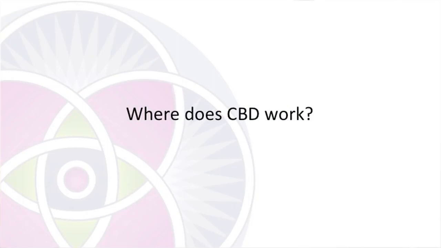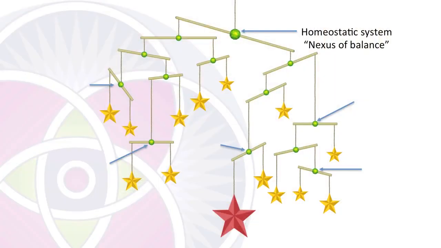So I've showed you this to highlight the differences between how pharmaceutical drugs work at the level of the stars and how CBD works. CBD, instead of working at the level of the stars, works at the level of the system of balance, at the nexus of balance. That would be in these crystalline green orbs where the string attaches to the stick.